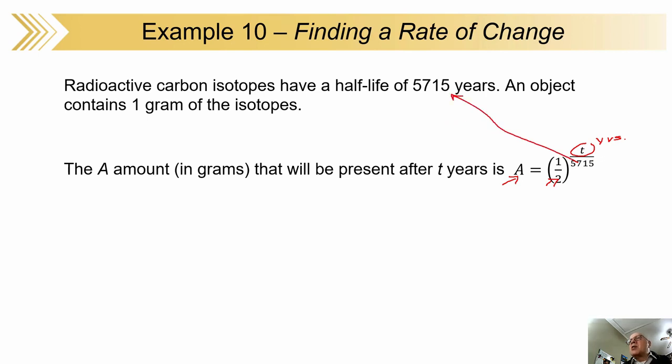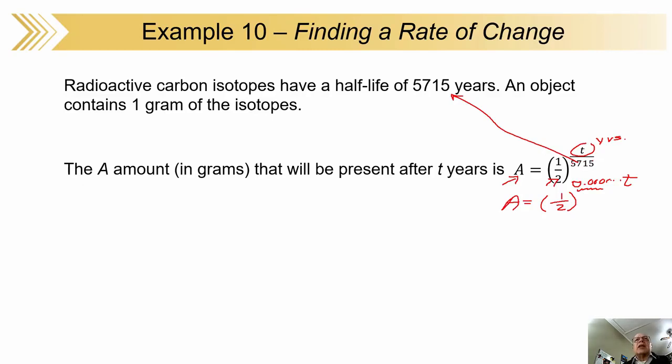There are times when you might see this look different. Instead of t divided by 5,715, you might see 1 over 5,715 as some number like 0.00 whatever it is, times t. Either way works, but you might see it either way.